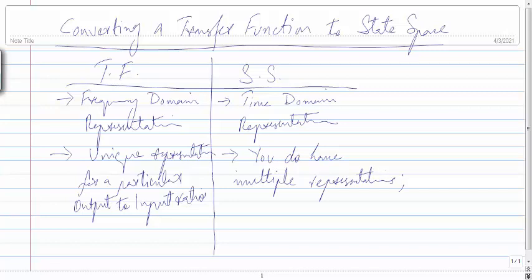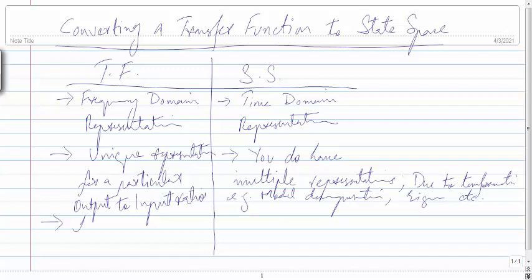You can do transformations, for example, modal decomposition or eigenvalue decomposition, and so on. Because of the decomposition, you can change the matrices. So that's why there is more than one representation for a single system.